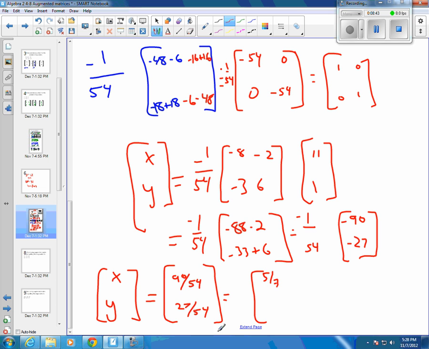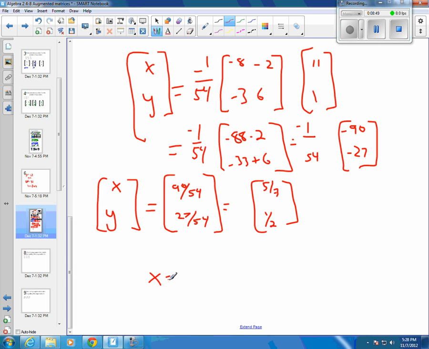And 27 54ths reduces all the way down to 1/2. And so we end up with x is equal to 5/3 and y is equal to 1/2. And so this is the point 5/3, 1/2. Final answer.